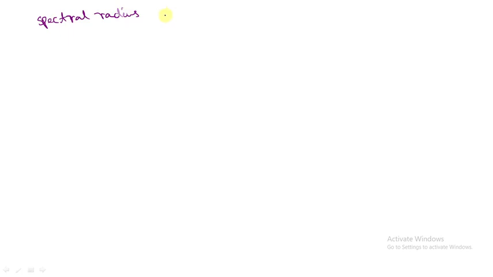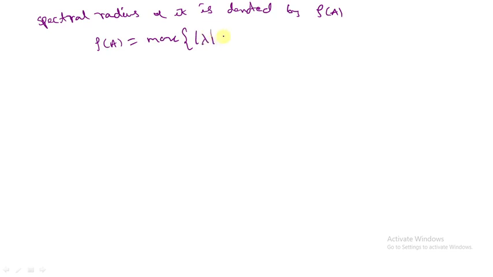It is denoted by rho A. So rho A equal to the maximum of the absolute values of eigenvalues, such that the eigenvalue belongs to the spectrum sigma of A. The maximal length of an eigenvalue is the spectral radius. Now see another example.